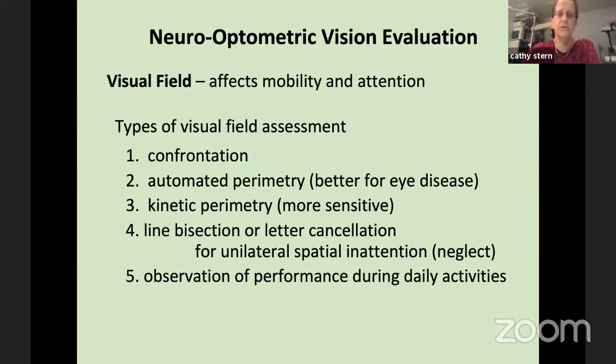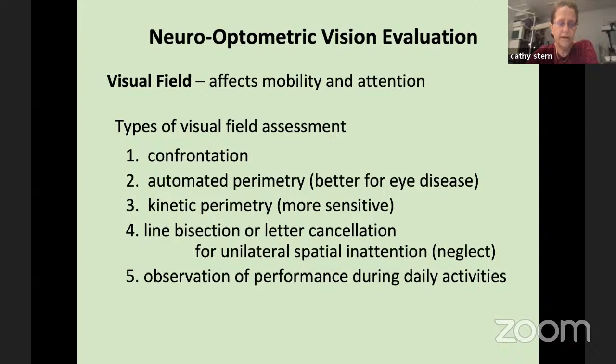In terms of visual field, we do understand that it can affect mobility and even attention to things. If you have functionally a very small visual field, a small area in which you can process visual information, then it will affect your attention, your concentration, even your ability to understand the information, because it would be like trying to read a word one letter at a time versus seeing the whole word.